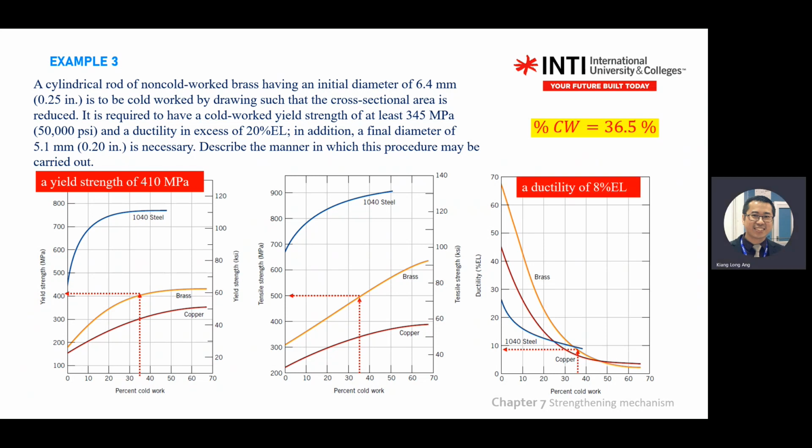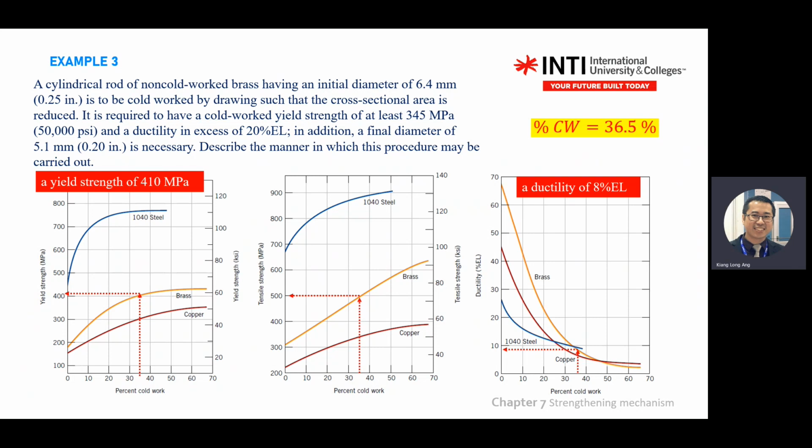Ductility is about 8% if you do 36.5% cold work. The requirement says you need a cold worked yield strength of at least 345 megapascal. Here, your yield strength on the graph already passes the customer requirement, because after 36.5% your yield strength reached 400, but the customer only wants 345.